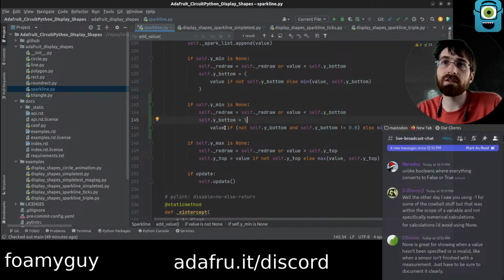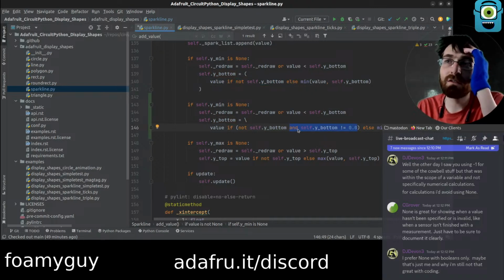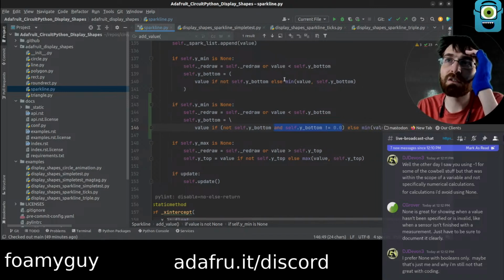And this one here says value if not ybottom. That bit's the same, but now we also have and not equal to 0.0. I see. Okay, so we're distinguishing the 0.0 falsy case. And then this bit's the same, else min.